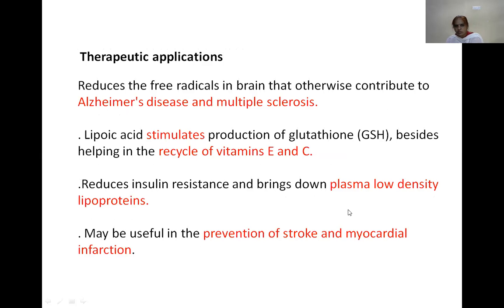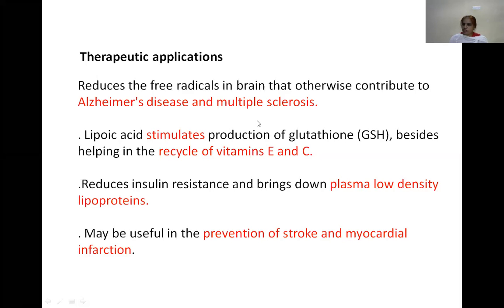Now see the therapeutic applications of lipoic acid. It reduces free radicals, acting as a scavenger and showing antioxidant property in the brain, which is relevant to Alzheimer's disease and multiple sclerosis.